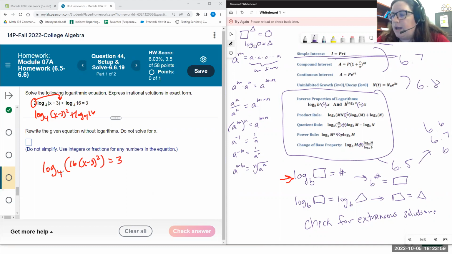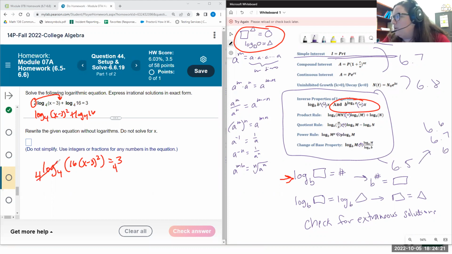Then I can apply, and I actually think of it as using this property. So I'm going to undo the log base 4 by applying a base 4 to both sides, because that's on the formula sheet. This relationship isn't on the formula sheet as far as going directly to the exponent form.